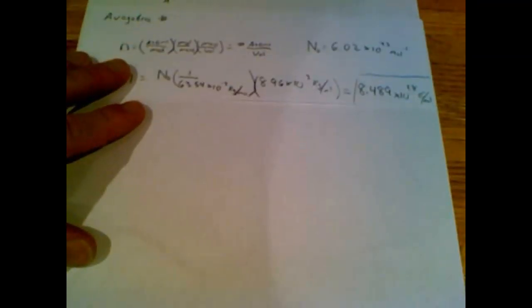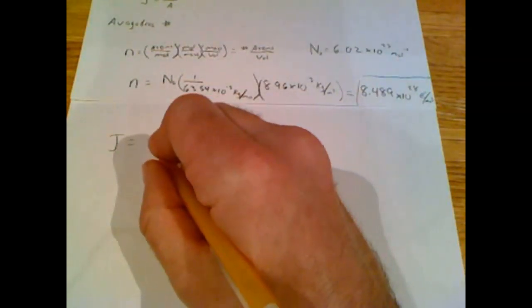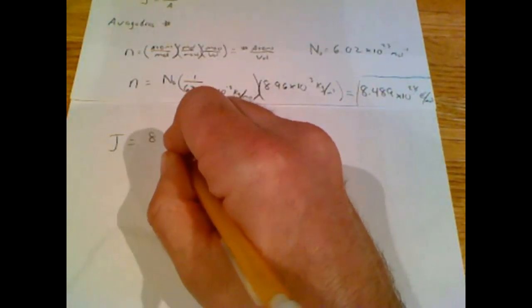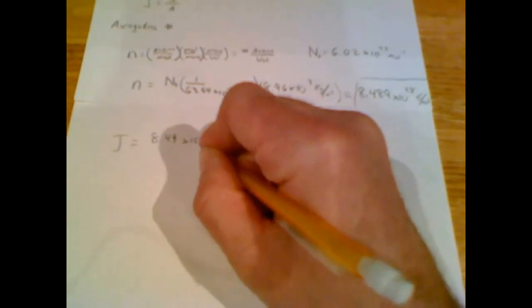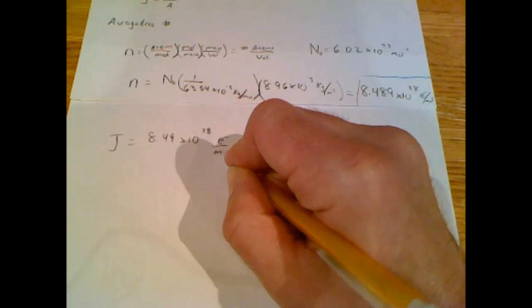Well, now that I have my n, I'm going to plug straight into J equals n e v_d, right? I know that I have this 8.49 times 10 to the 28th electrons per meter cubed. Beautiful.